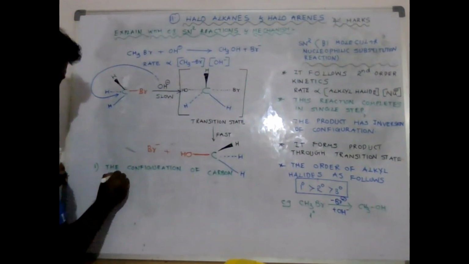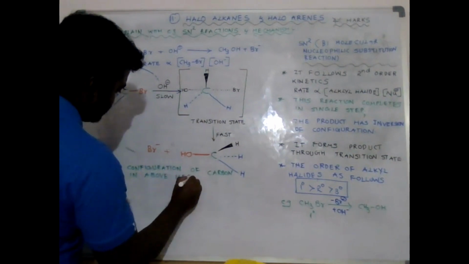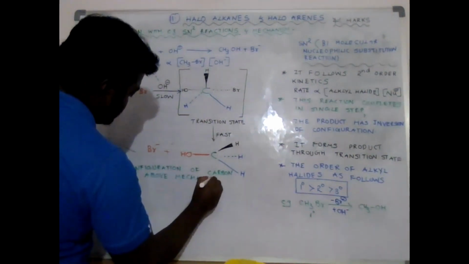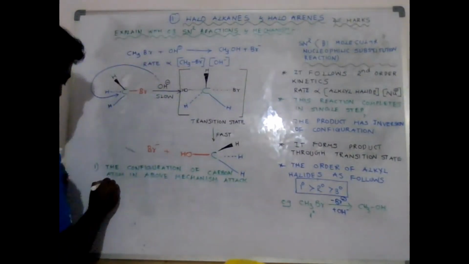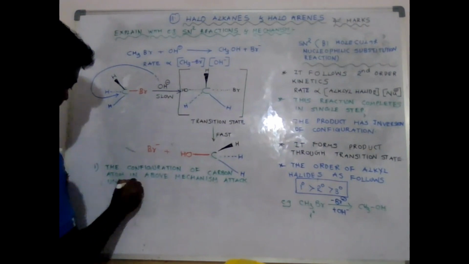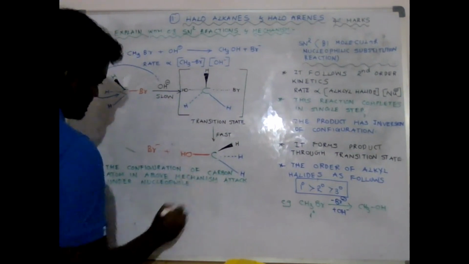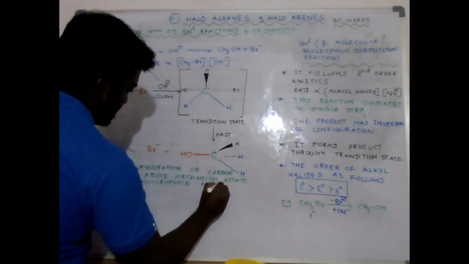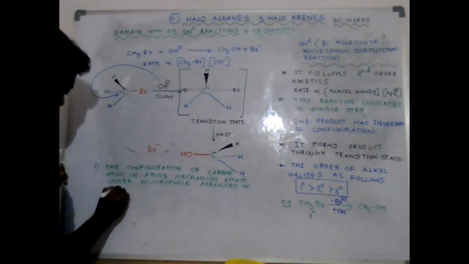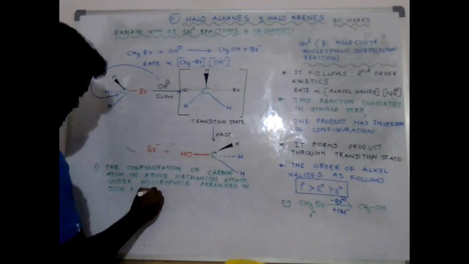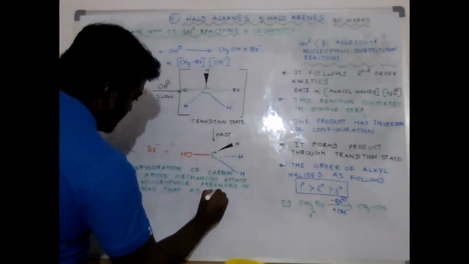The configuration of carbon atom in above mechanism. Attack under nucleophile arranges in such a way that, as an umbrella turns inside out.